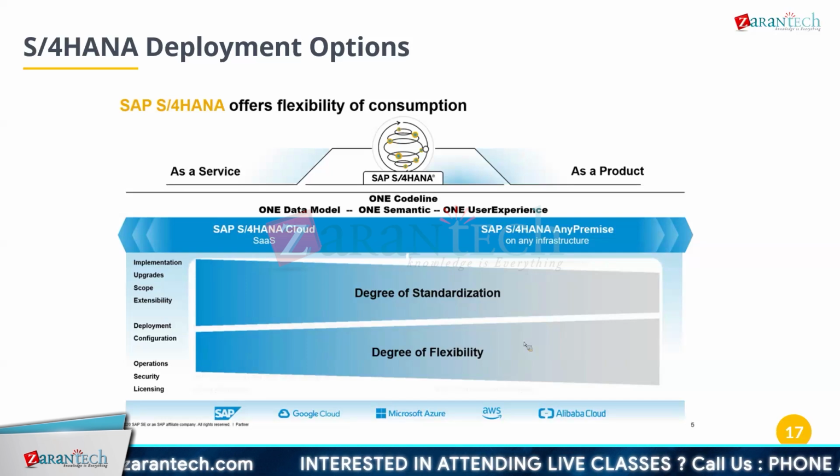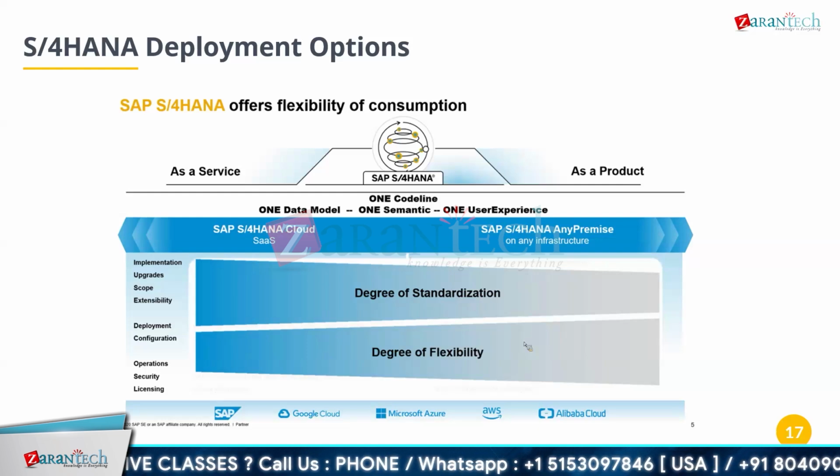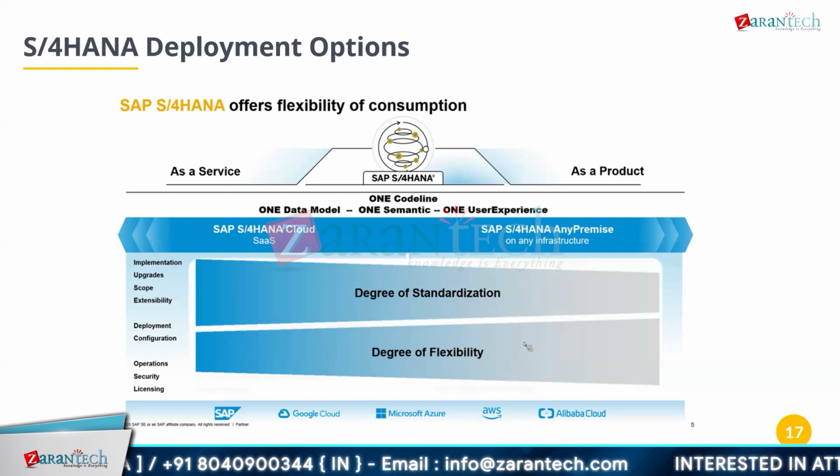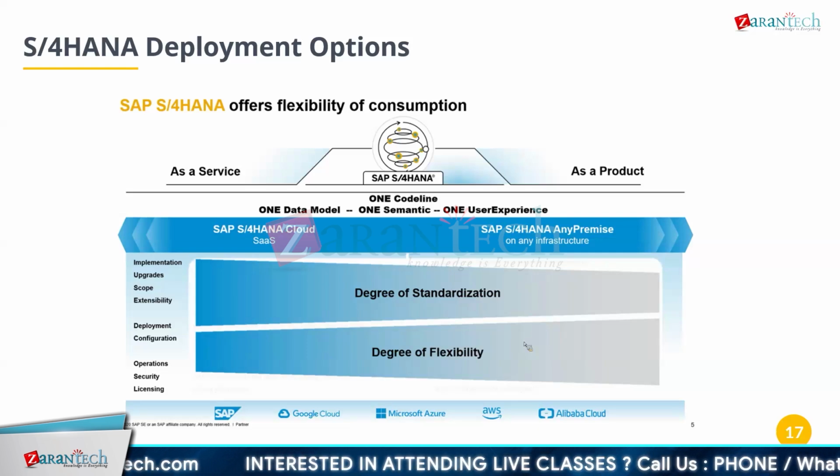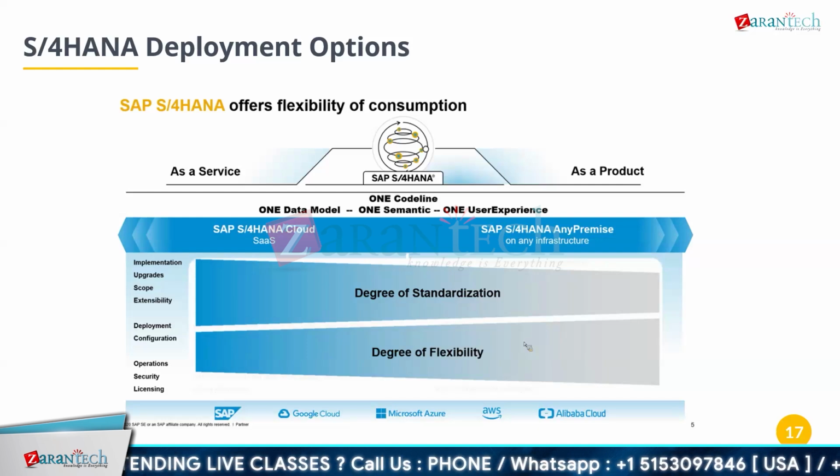They have adopted the APQC process framework. The APQC process framework is basically the framework defined by the American Productivity and Quality Center. That framework covers all the areas of an organization, whether it's supply chain, R&D, capability management, or human resources.